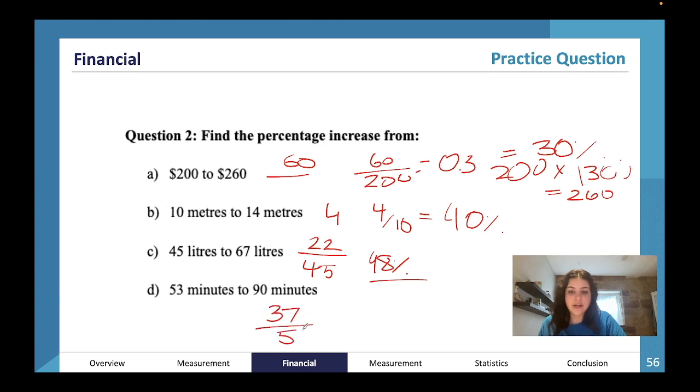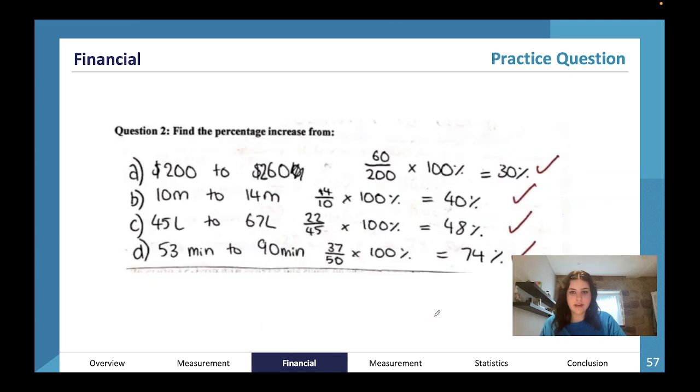Divided by 53, 37 divided by 53 is 0.698. So I'm going to go 70% increase. We have all of our answers there. Oh, I've just realized my original answer was wrong. This is wrong, 53. But yes, all of our answers: 30, 40, 48, and 70.